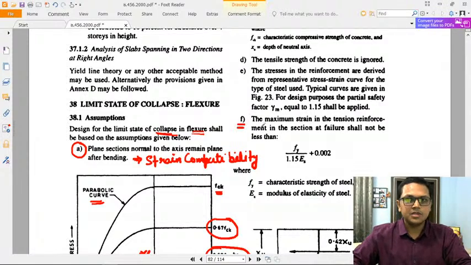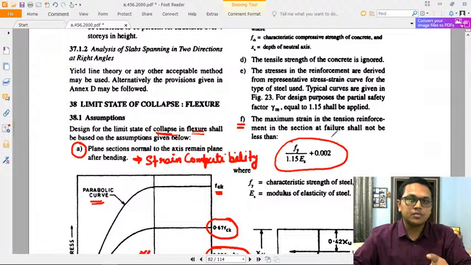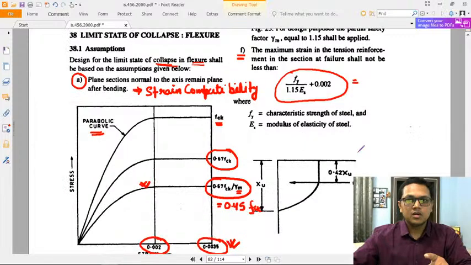In assumption number F, it is given that the maximum strain in the tensile reinforcement in the section at failure shall not be less than fy upon 1.15 Es plus 0.002. Now from where does this value come from?